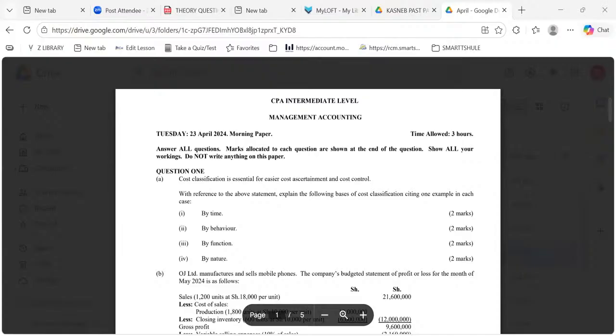Good. So that is cost classification based on time. That is historical cost, and then we have future cost.